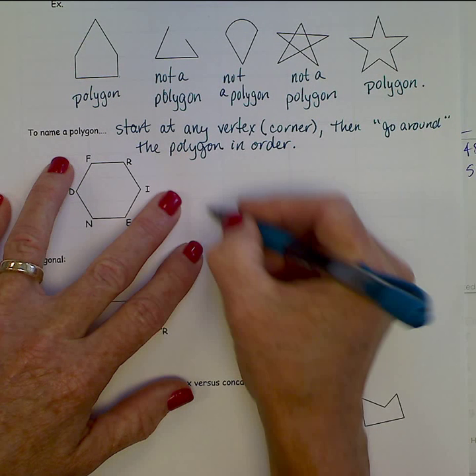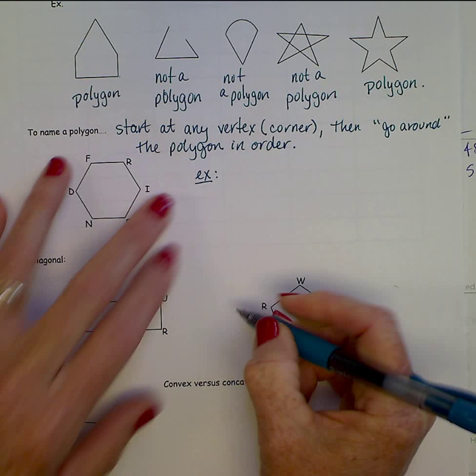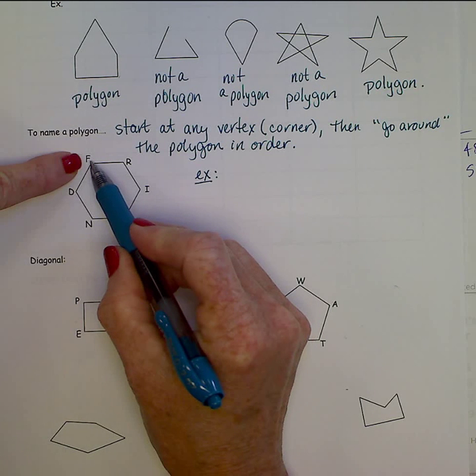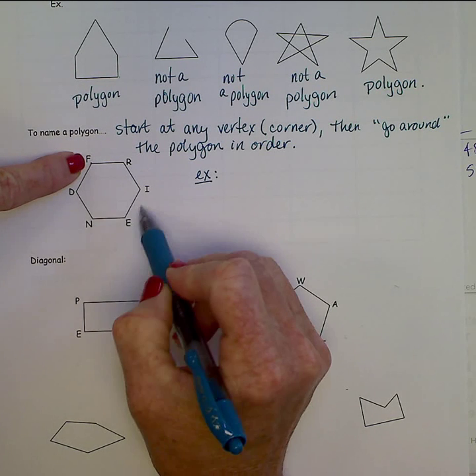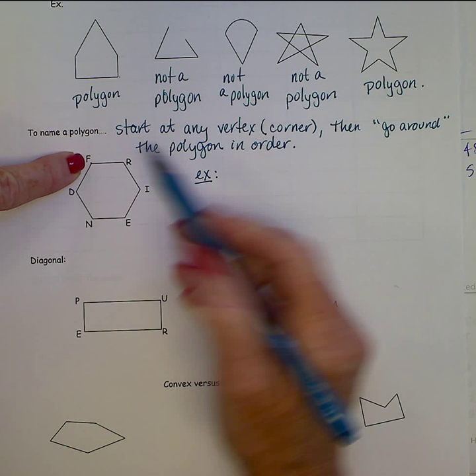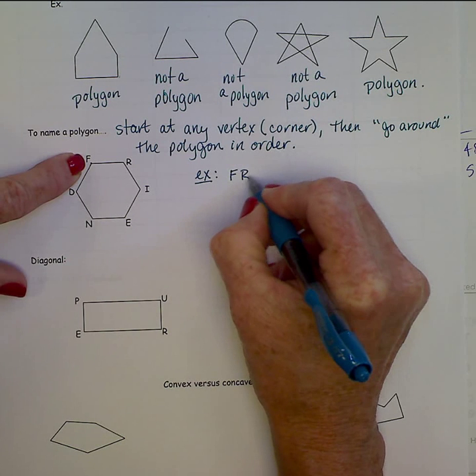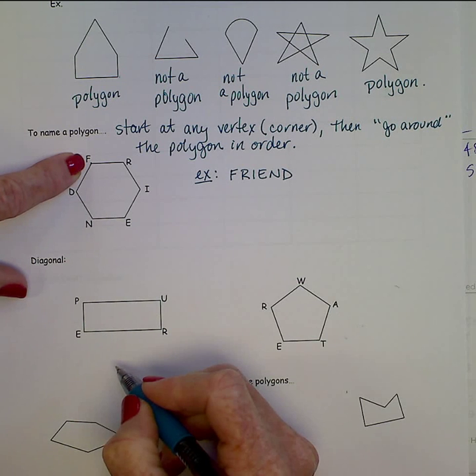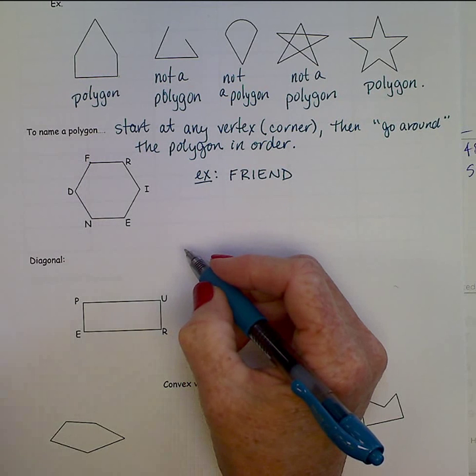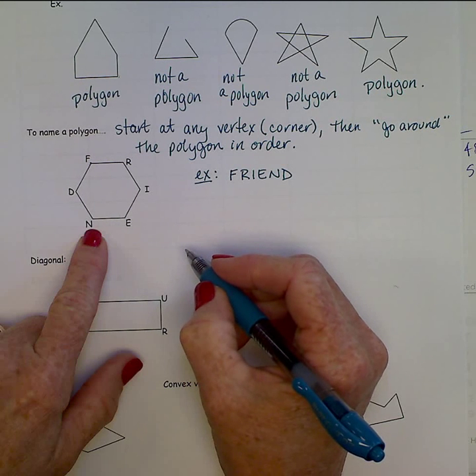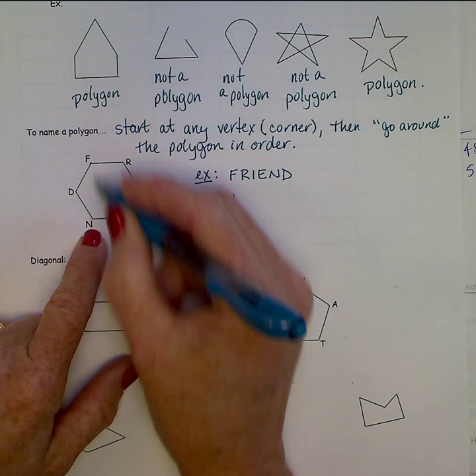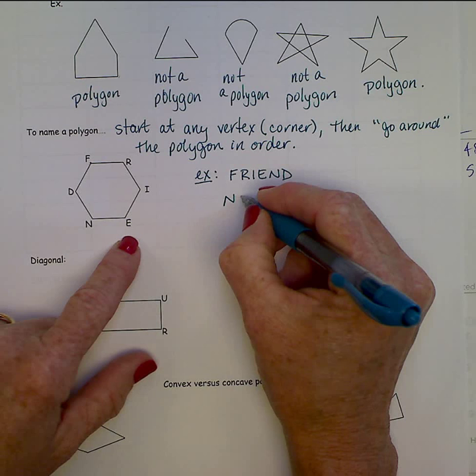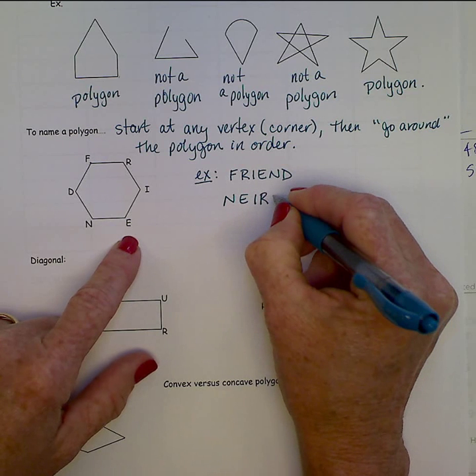For example, to name this polygon right here, we could start at F, this corner, and go around clockwise, and this would be polygon F, R, I, E, N, D. We could also start at, say, N, and this time go counterclockwise, which is backwards around. So N, E, I, R, F, D.